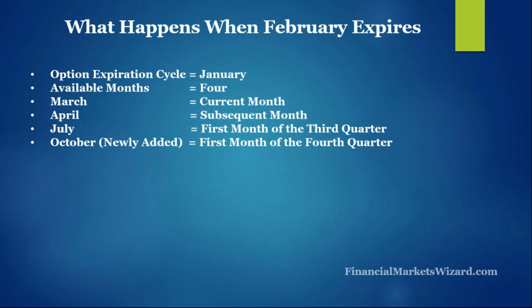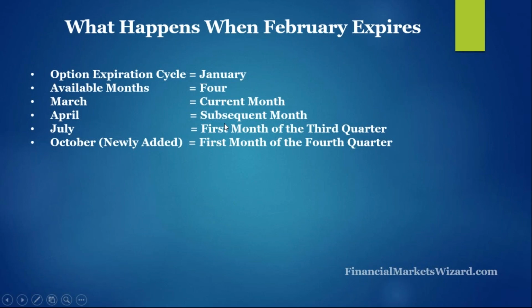Now what happens when February expires? Let's say February also expires and the stock belongs to the January cycle, and we know there are always 4 months. Then March will become the current month, right? And April will become the subsequent month.